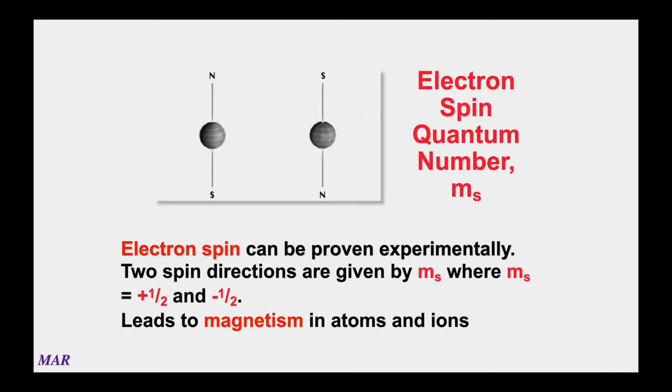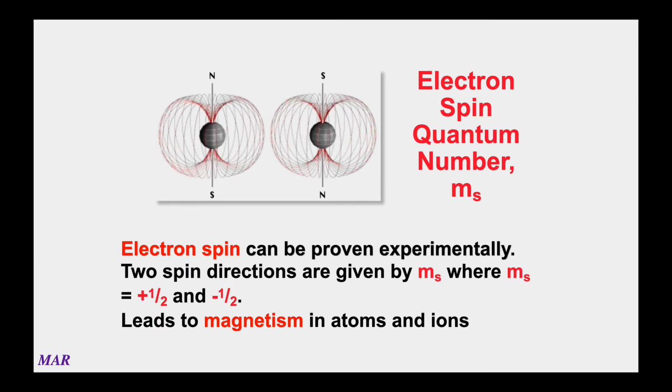Any spinning electric charge creates a magnetic field. Spinning electrons produce magnetic fields with an identifiable magnetic polar orientation, so-called north or south. The polar orientation of a given electron is determined by the direction of its spin. The real-world application, arguably, of m sub s has to do with how electrons spin.